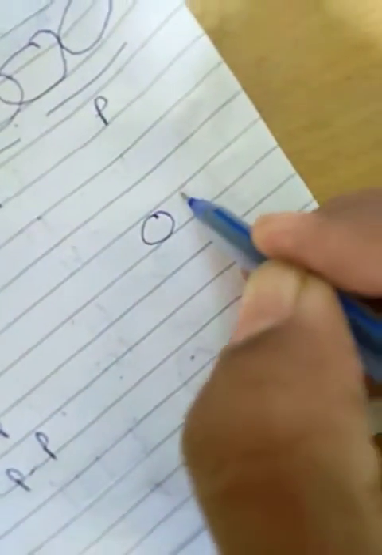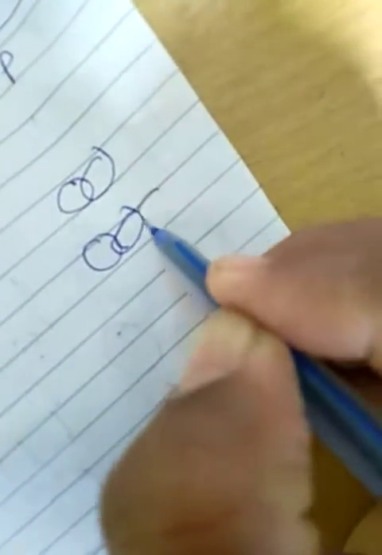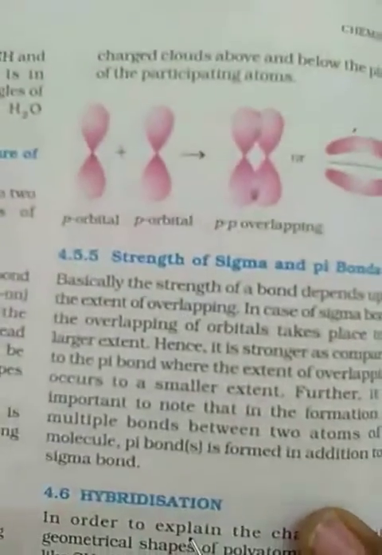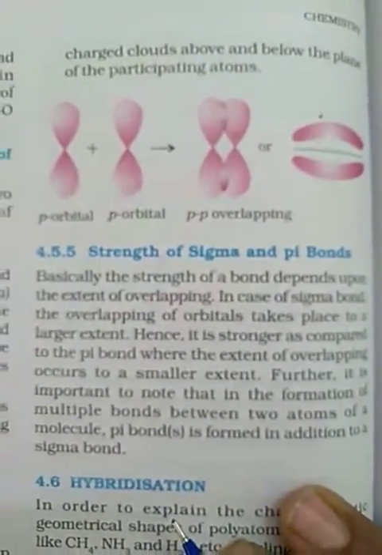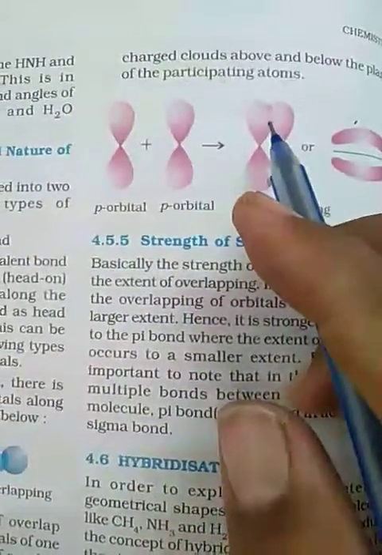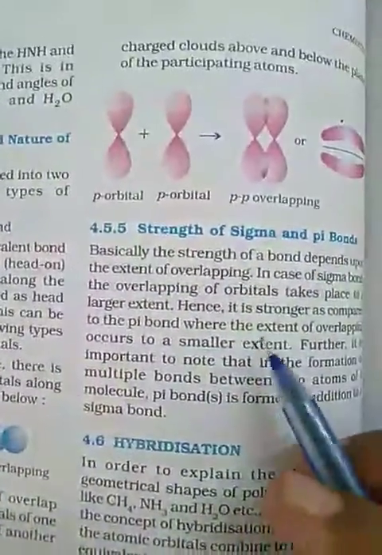Whether they are s and s or s and p, they are meeting at a larger extent. So sigma bond has larger strength, and hence is strong compared to the pi bond, where the overlapping occurs to a smaller extent. Larger extent in sigma bond and smaller extent in pi bonds.